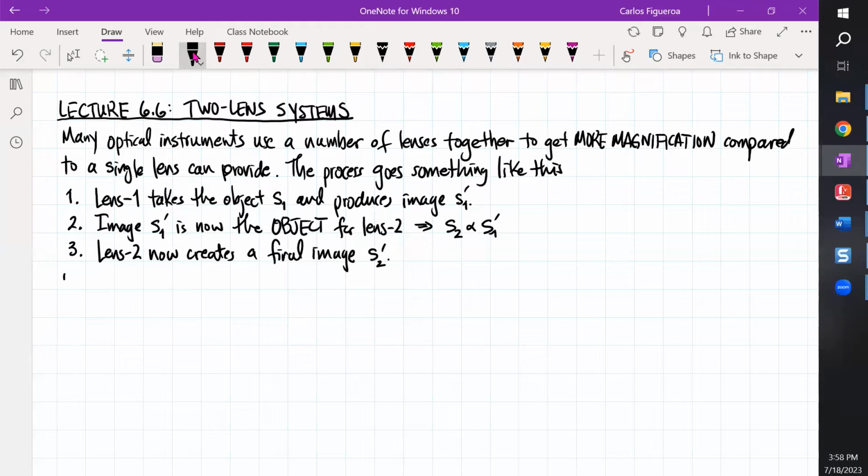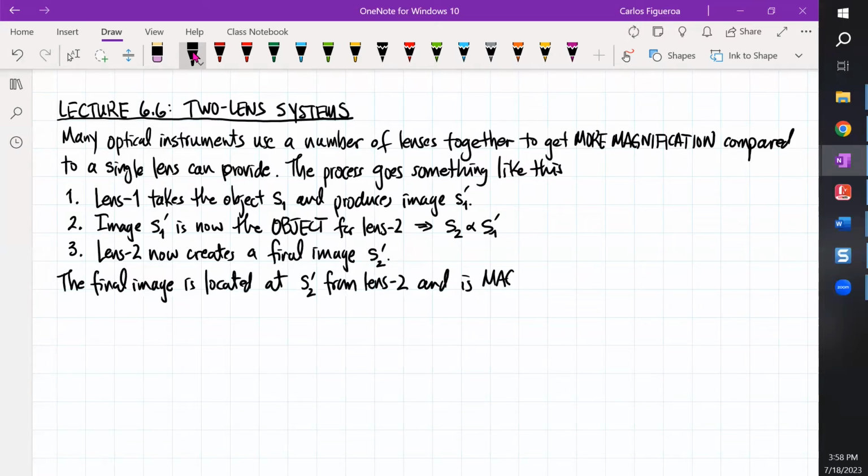So in summary, the final image is located at S2 prime from lens 2 and is magnified twice. Once by lens 1 and once by lens 2, where the total magnification is the product of the two.